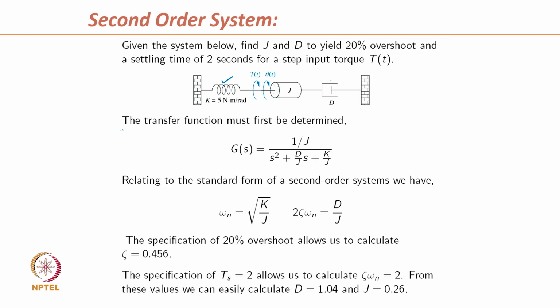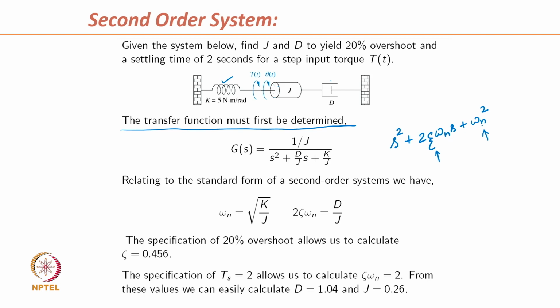The transfer function we can write in Laplace domain like this: 1 upon J divided by s square plus D by J into s plus K upon J. We compare it again with the characteristic equation s square plus 2 zeta omega n s plus omega n square. We know the value of zeta and omega n because we know the values of peak time, settling time and overshoot.